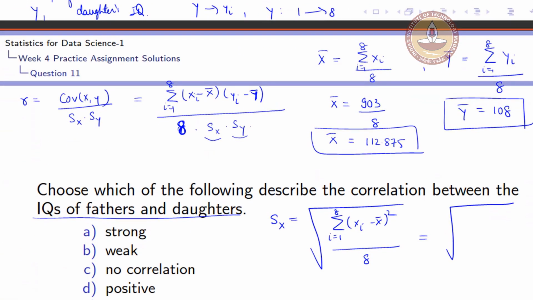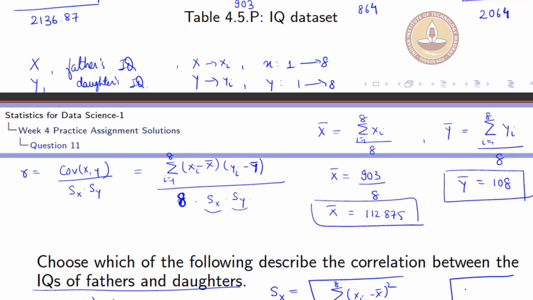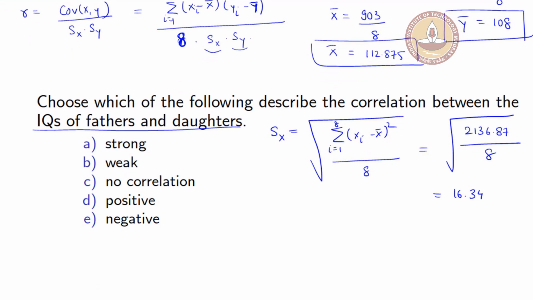So standard deviation of x is going to be the square root of 2136.87 divided by 8. That is 16.34. And standard deviation of y, S of y, is going to be the square root of the sum over yi minus y bar whole square, i varying from 1 to 8, divided by 8.